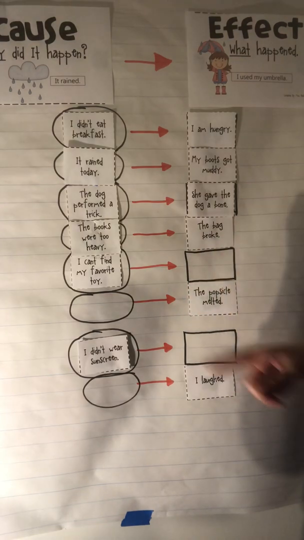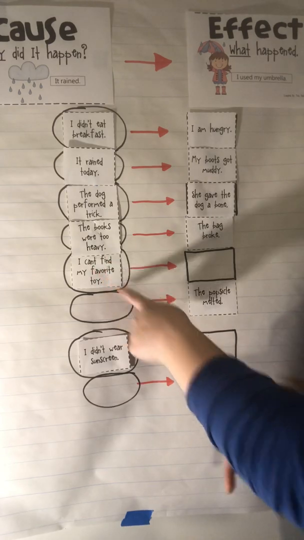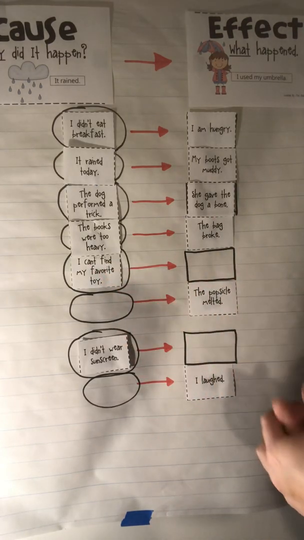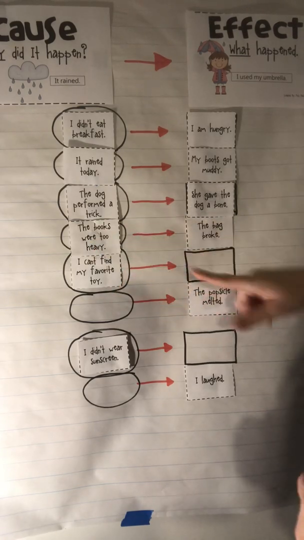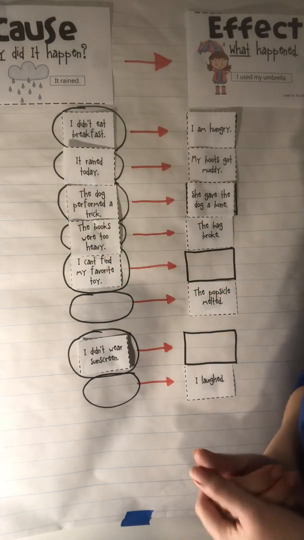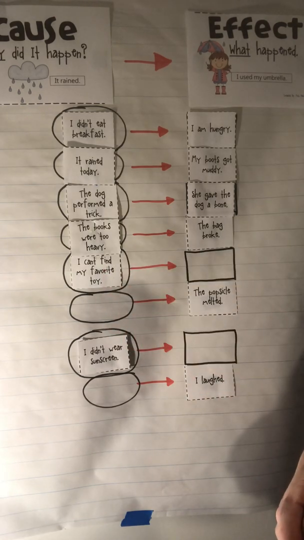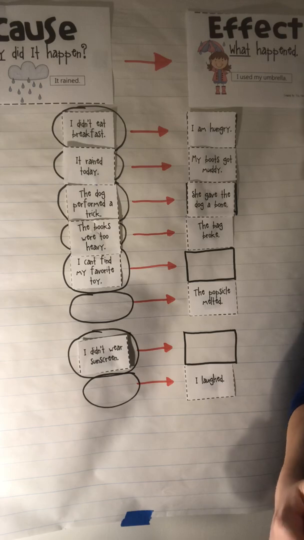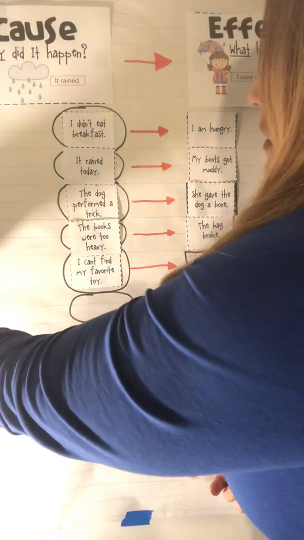Okay, another cause is I can't find my favorite toy. I can't find my favorite toy anywhere. What do you think is gonna happen? What's the effect of that? If I can't find my favorite toy, am I gonna cry? Maybe, just maybe, right?